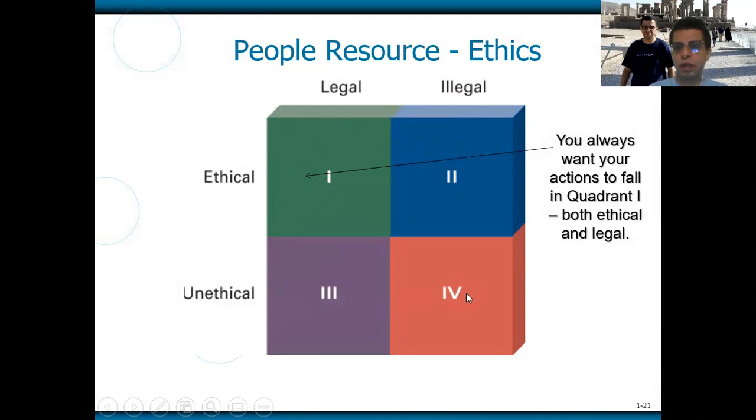There are so many examples in IT that you can look at, but the most important one is that all of us want to be in an ethical and legal situation.